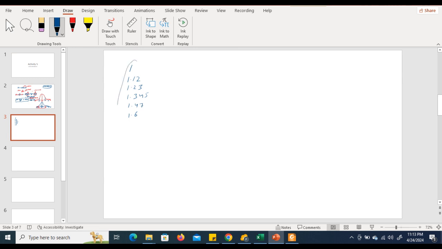We can convert this data into interval form. Say I'm taking the width as 0.5, so I want to see how many numbers are between 1 to 1.5, then 1.5 to 2, and then 2 to 2.5. This difference between the two values is called the width of the interval, right?